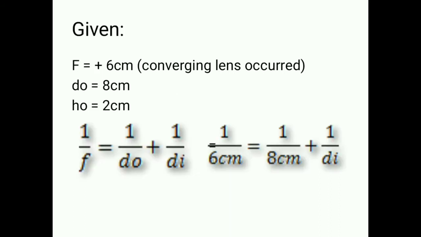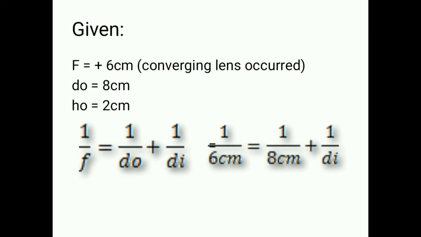Now, notice that 6 cm is positive because a converging lens occurred in the problem. Now, the distance of the object is equal to 8 cm and the height of the object is 2 cm.